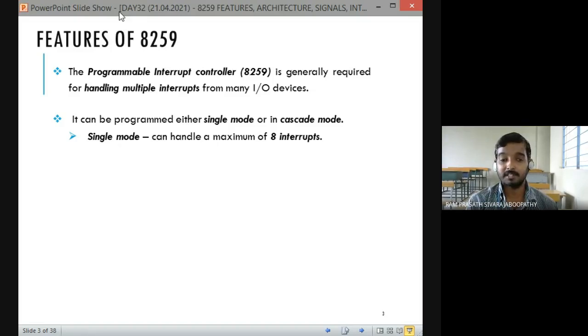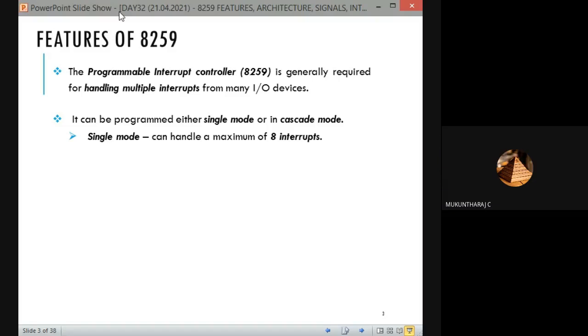You will have one master and 8 slaves, which are nothing but individual 8259 ICs. A single 8259 can handle up to how many interrupts? 8 interrupts. Each slave can handle 8 interrupts. So in cascade mode, maximum we can connect 8 slave 8259s.